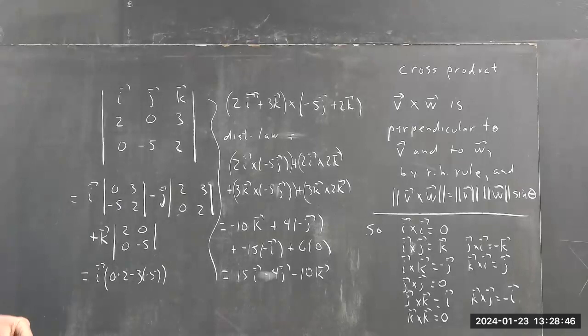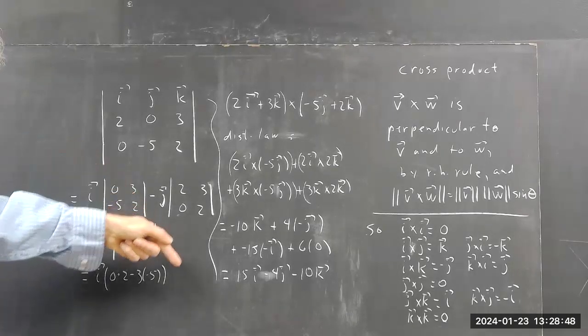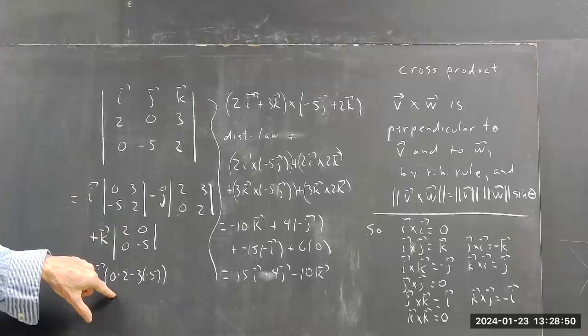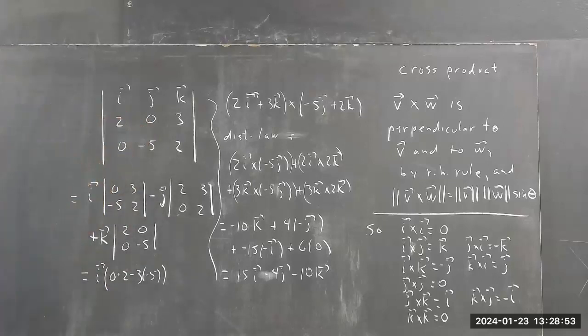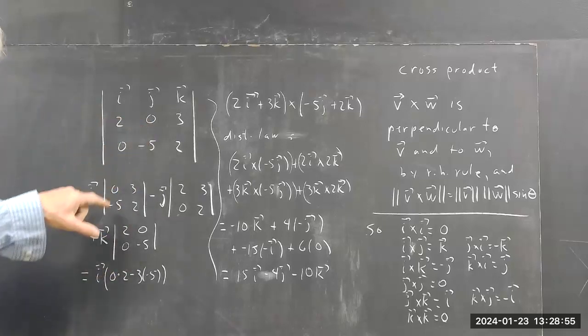the determinant of a 2 by 2 matrix is the main diagonal, 0 times 2, minus the secondary diagonal, 3 times negative 5.